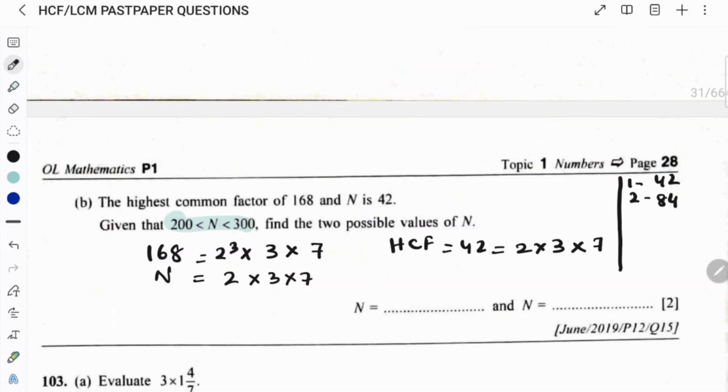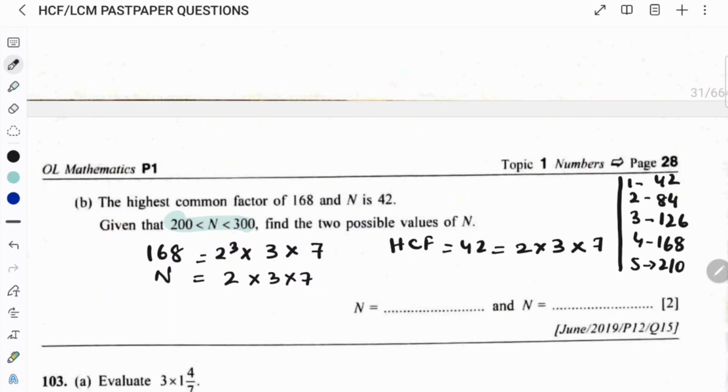And remember, we have to keep the number between 200 and 300. 42 times 3 is 126, which is still less. 42 times 4 is 168, which is still less. 42 times 5, if we just take, then it is 210.